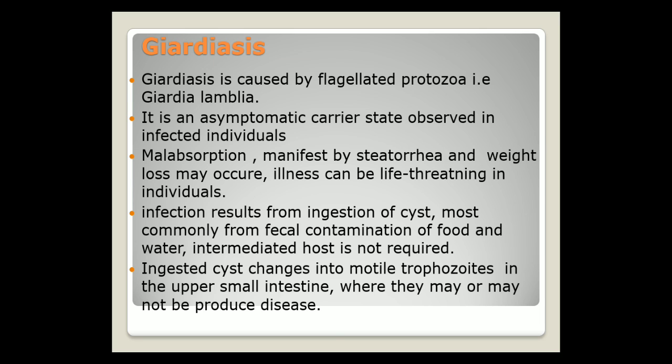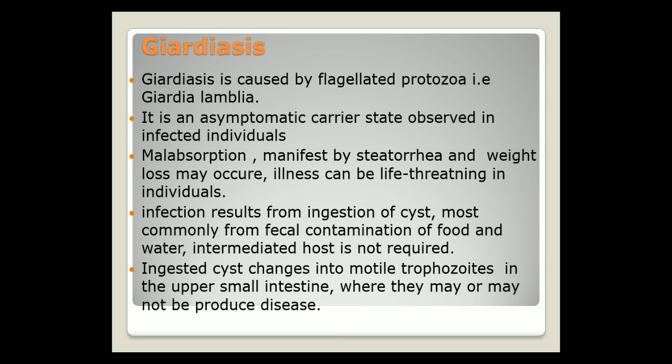The infection results from ingestion of cysts, most commonly from fecal contamination of food and water. As with amoebiasis, the infection can be caused by contaminated food and water. An intermediate host is not required.